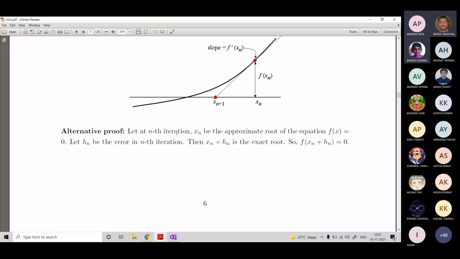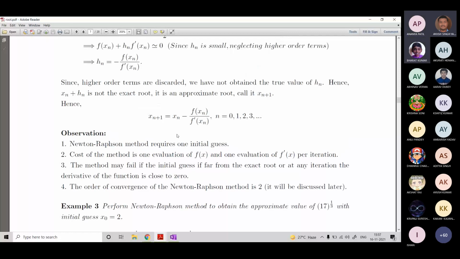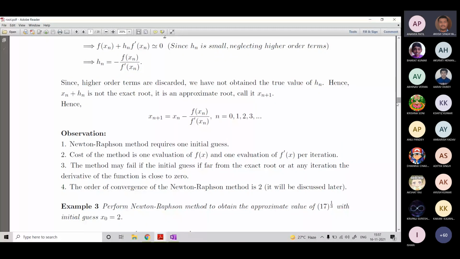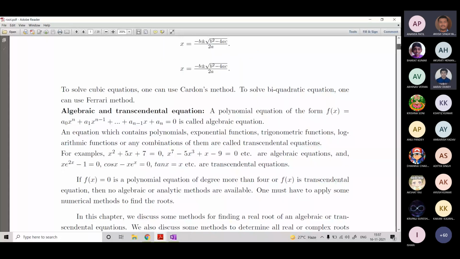Sir, if you have the book you are using, can you please share it in that team? I have already uploaded the books, 3 books which I am following. This particular study material which I have prepared, I have not uploaded it. I thought I would upload the material once that unit is covered. Shall I upload it right now? Yes, sir.